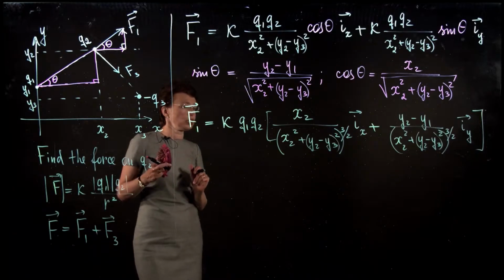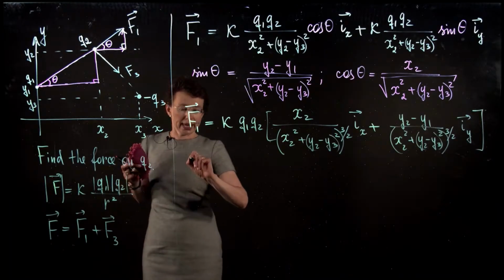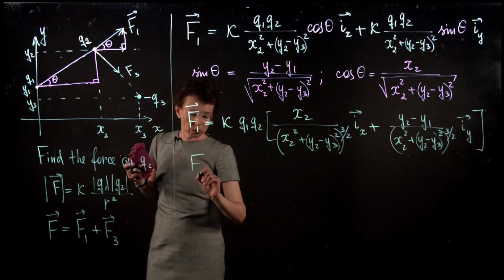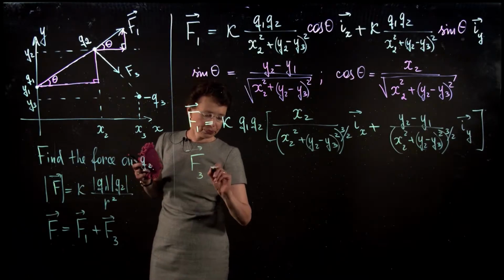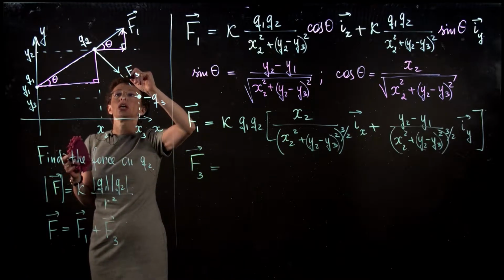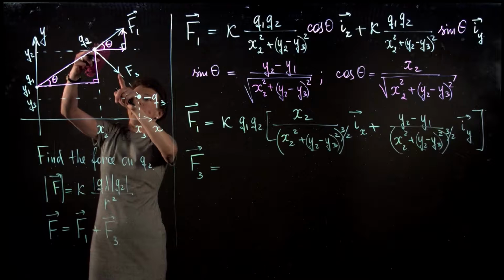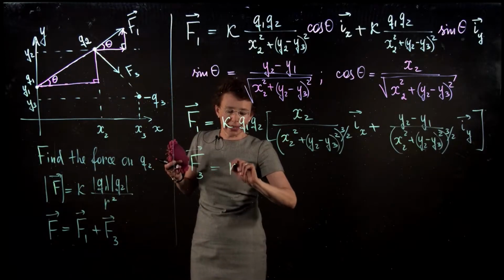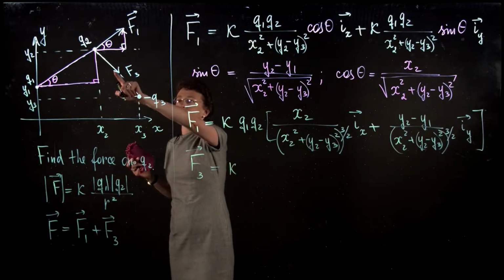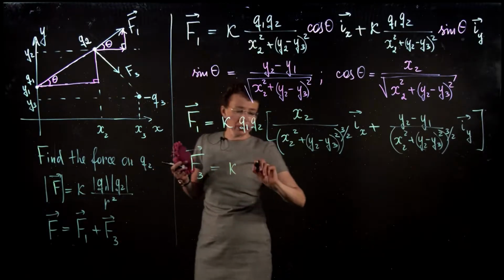Now we need F2. So what will be, no, not F2, but F3. We called it F3. What will be F3? F3 is in this direction. Magnitude of F3 will be K. And then Q2, Q3.